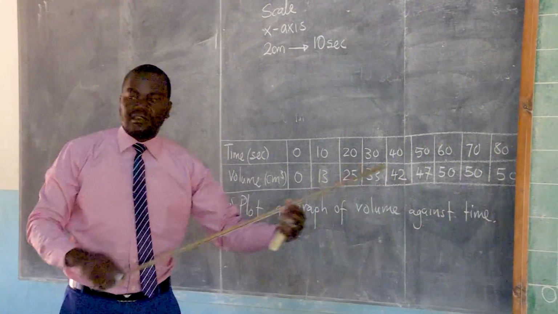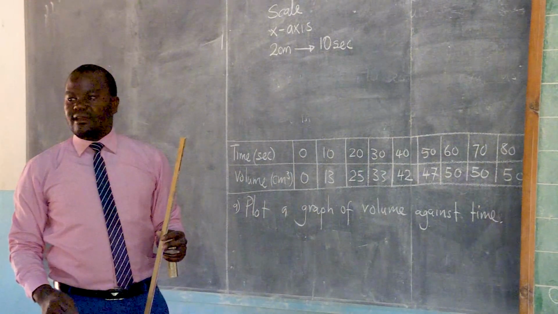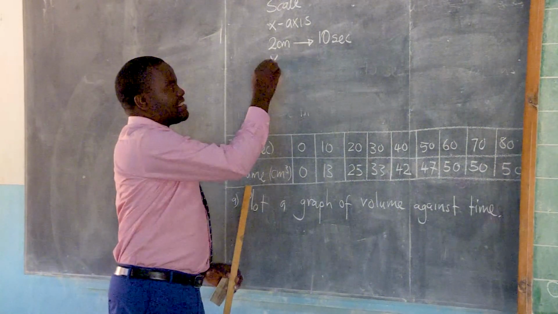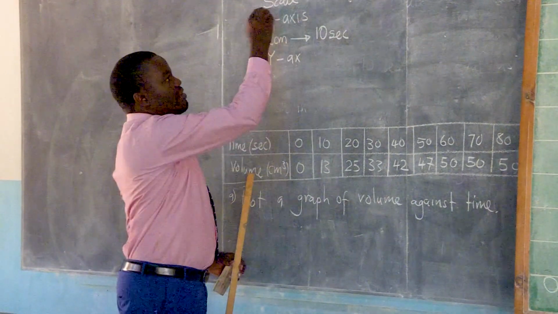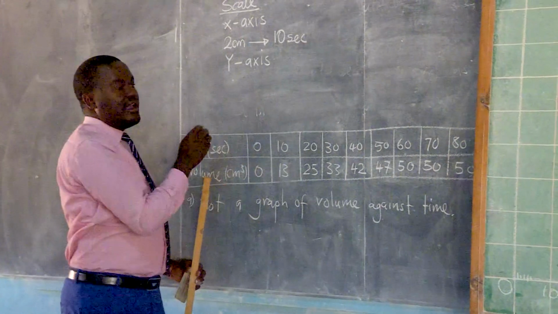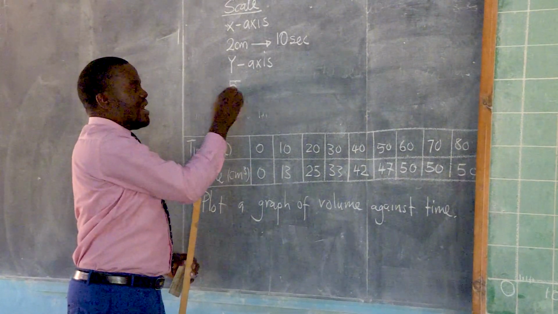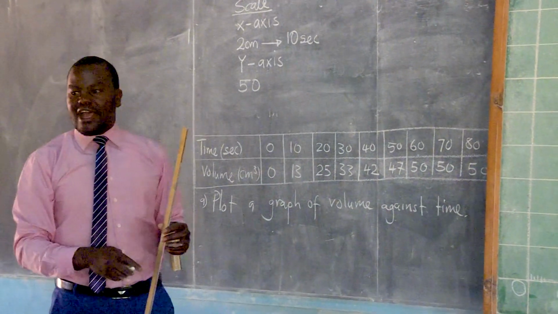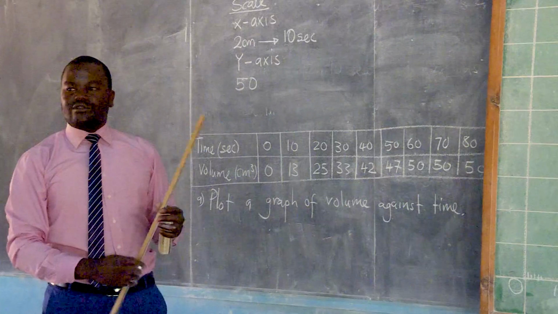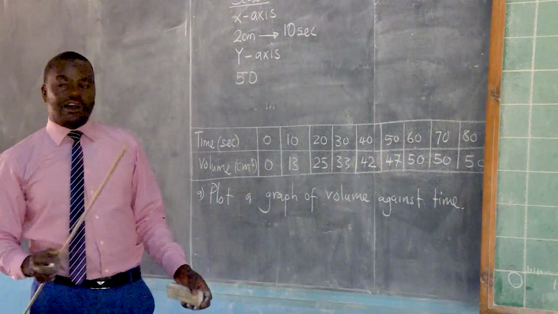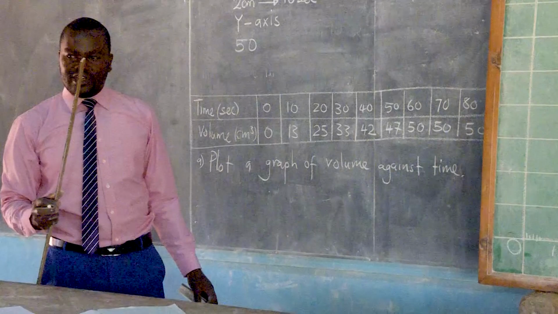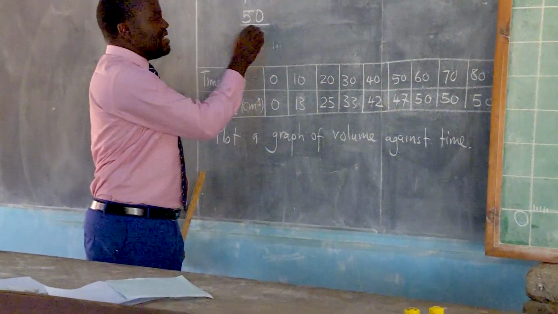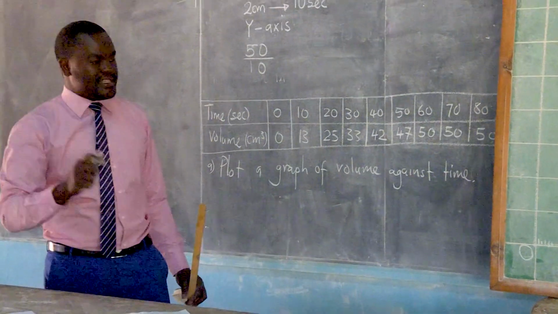Again, we go to the y-axis. Along the y-axis, what is the biggest number which we have? 50. So now we are making the scale for the y-axis. The biggest value we have is 50, so you should start thinking, how many boxes should I leave? We leave 10 boxes, 10 bigger boxes.